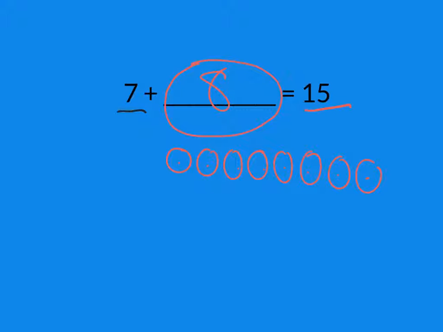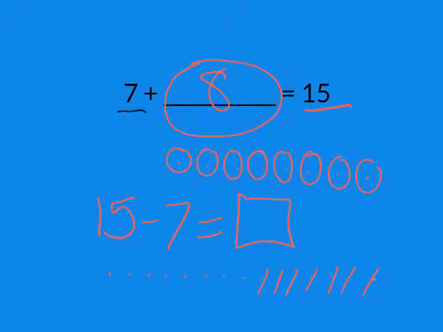I can also do my subtraction strategy. So I could write 15 minus 7, and then I want to find my answer. So in that case, I would draw 15. 1, 2, 3, 4, 5, 6, 7, 8, 9, 10, 11, 12, 13, 14, 15, and I'm going to cross off my 7. 1, 2, 3, 4, 5, 6, 7.